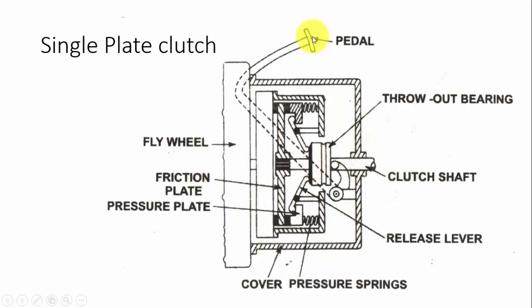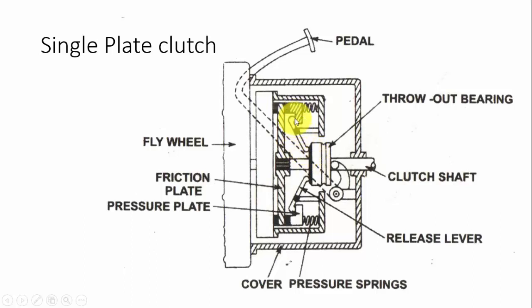Whenever the driver presses the pedal, this lever will be activated, and here you can see a small lever. This will press this throw-out bearing, and this bearing will be moved towards the left hand side, and here we can see another lever, and this is the fulcrum point or the pivot point. This pivot point moves the top side of the lever towards the right hand side as it is moved left hand side by this bearing.